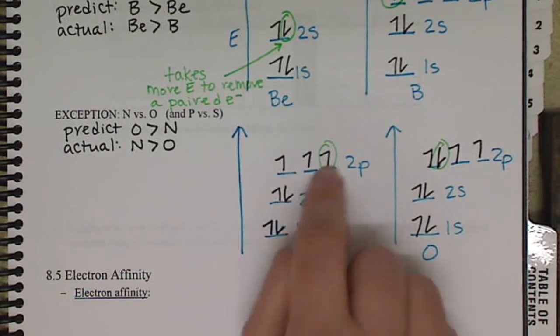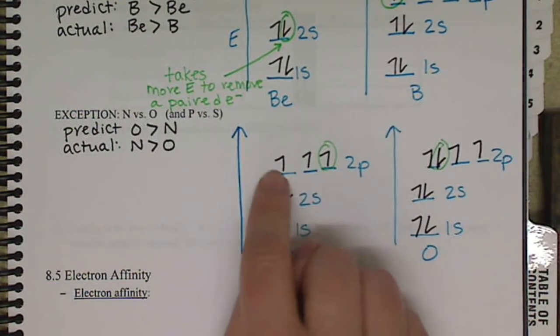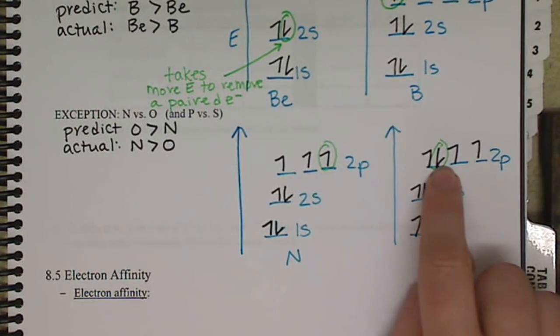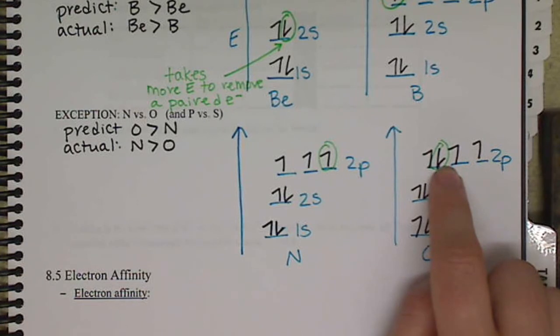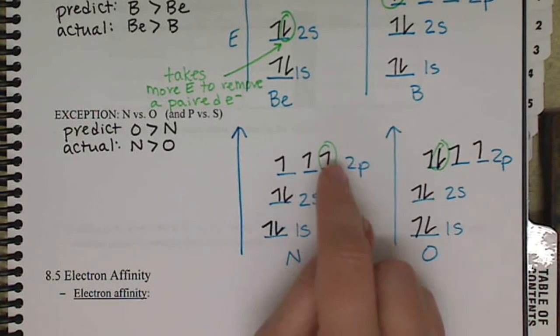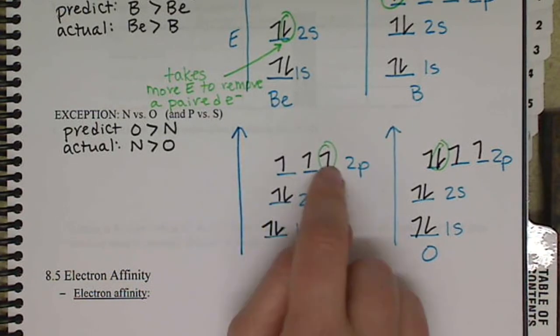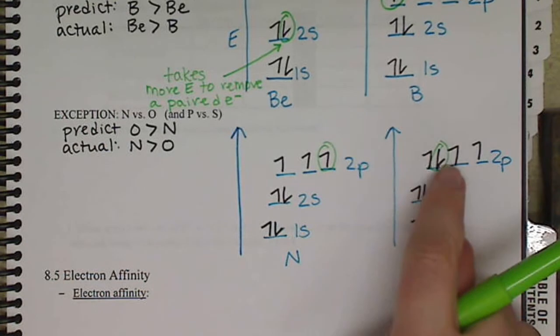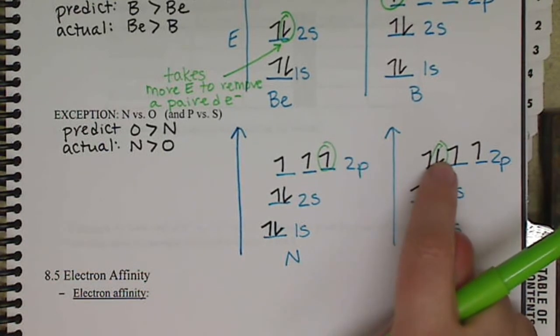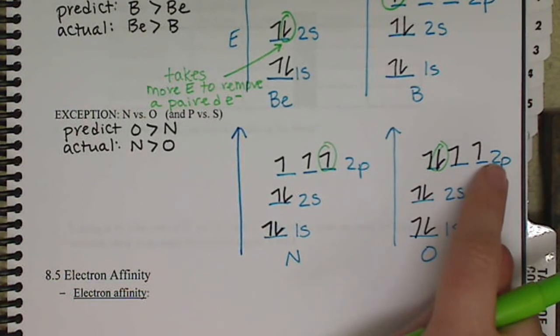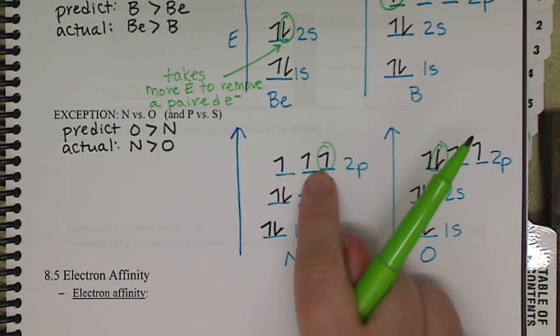And when we half fill this, that is more energetically favorable than a partially full subshell. So it's going to require more energy to disrupt our half full subshell than it is to pluck off this one. If we pluck off this electron, that leaves us with a half full subshell, and that's actually more energetically favorable than to disrupt a half full subshell.